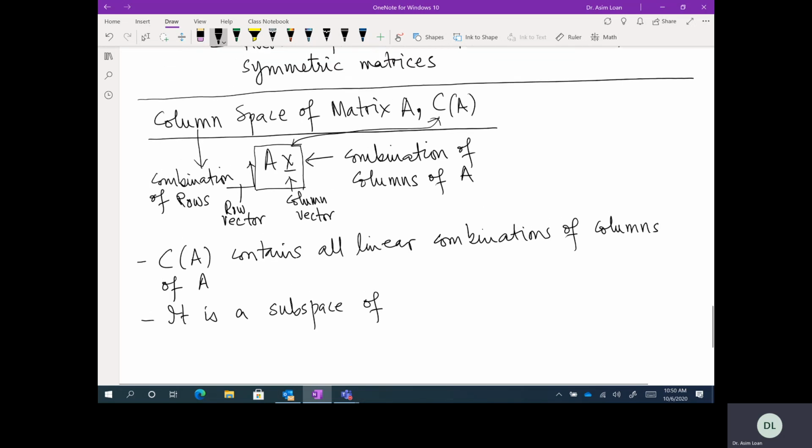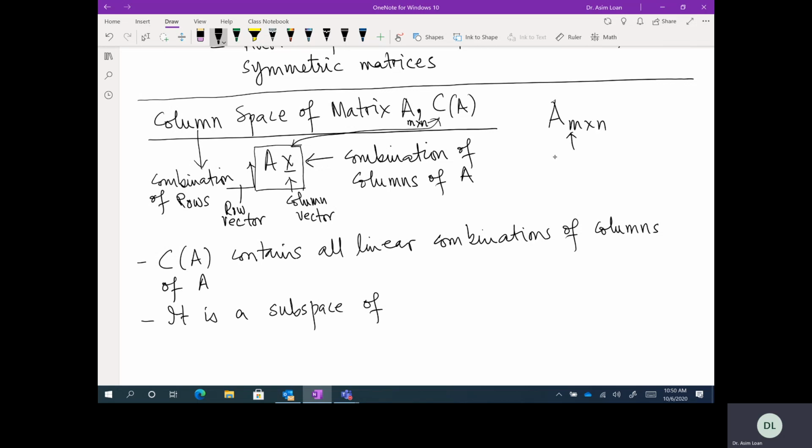and this A is, by the way, m by n. So there are m rows and n columns.